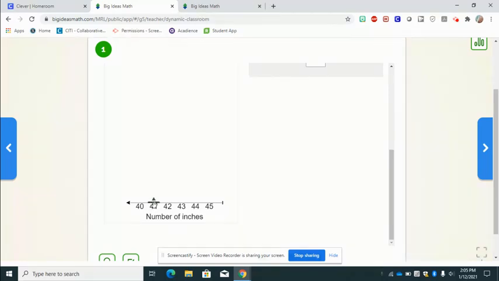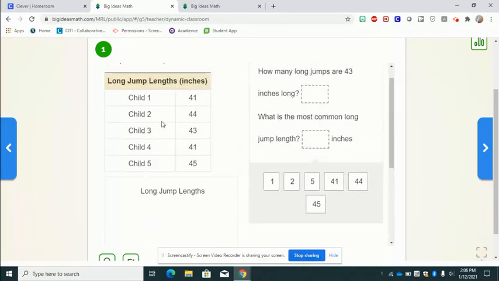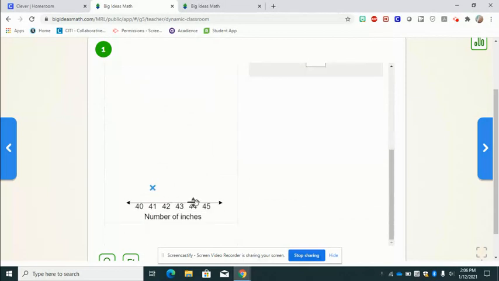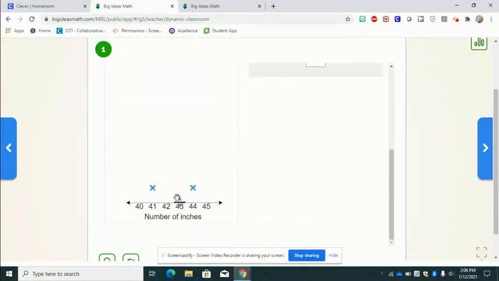And when you do this, when you're online in your Big Ideas, you have to click on the arrow and pull it up to make an X. Okay? All right, then we have to do child 2 was 44 inches. Child 3 is 43 inches.